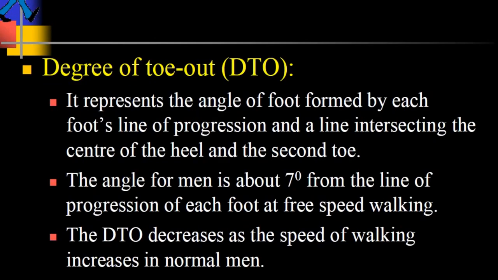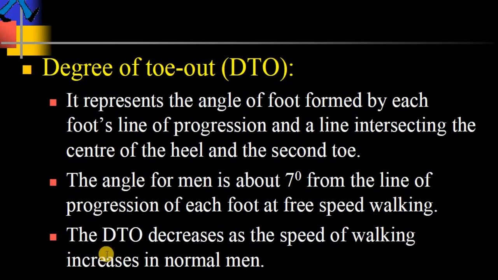So the next is degree of toe out. It represents the angle formed by the foot's line of progression and the line intersecting the center of the heel and the second toe. Normally for men it is about 7 degrees from the line of progression of each foot at free speed walking, or normal speed walking.